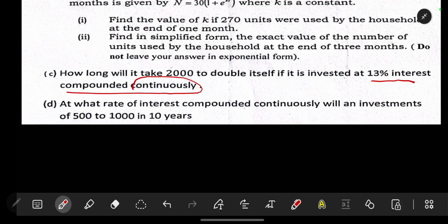So we are going to say that our A should be equal to the principal times e to the rate times the time, like that. So that is what we are going to get since it is continuously. This is the equation.